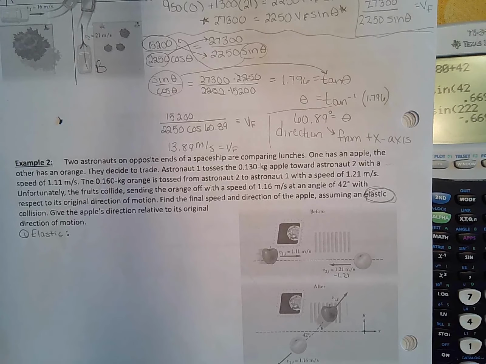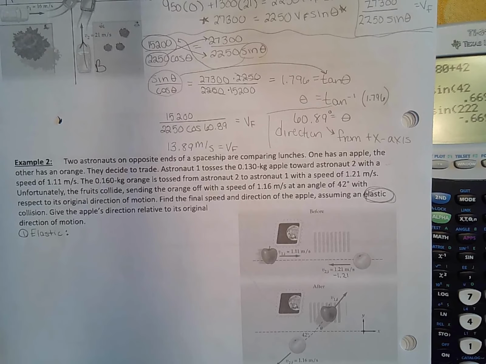Unfortunately, the fruits collide, sending the orange off with a speed of 1.16 meters per second at an angle. Oh, so this is a diagonal. At an angle of 42 degrees with respect to the original direction of motion. You know what I thought about just now, guys?